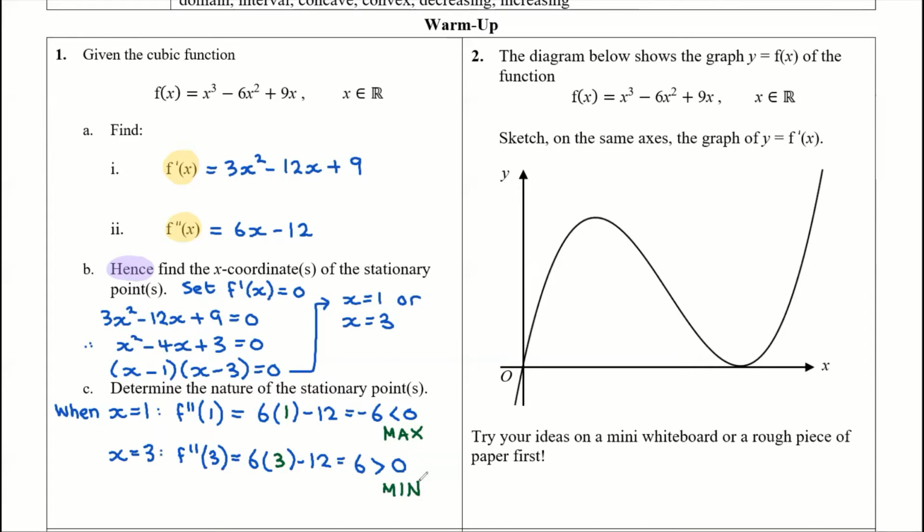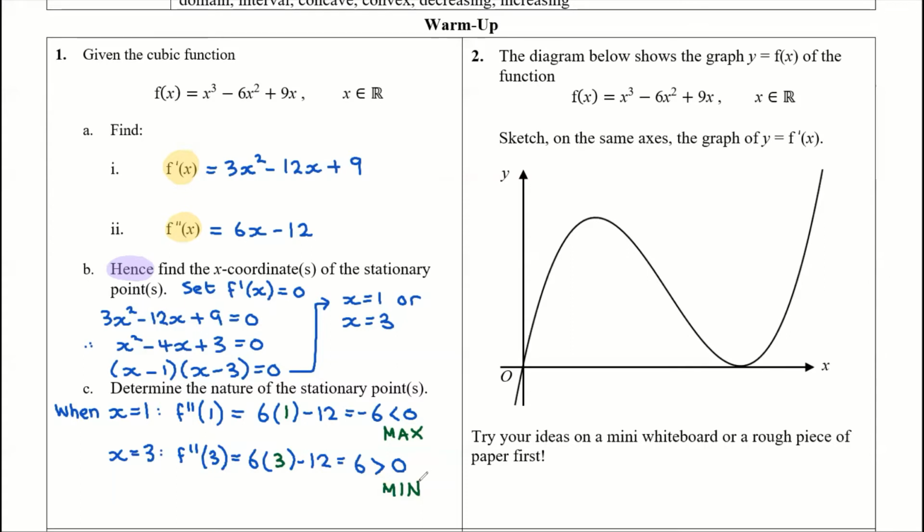Now, I'm going to transfer a lot of this information over to question 2 here. The diagram below shows the graph y equals f of x, and it's the same f of x that we've just been working on. So this is what the cubic actually looks like. And we're asked to sketch on the same axes the graph of the gradient function.